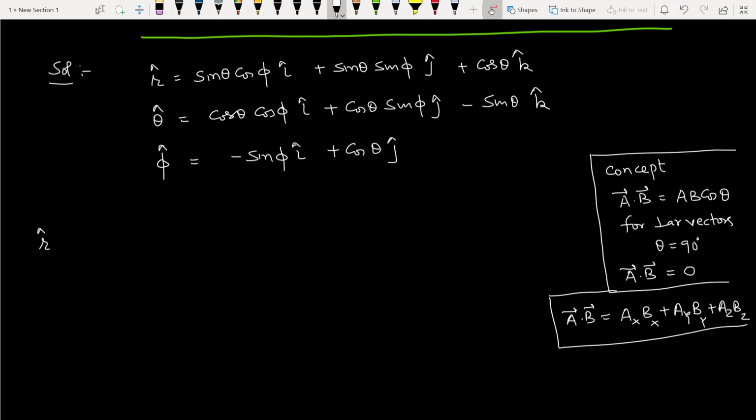So r cap dot theta cap. So now we will find out this. This is x component, this is x component, and we are to multiply both the x components.